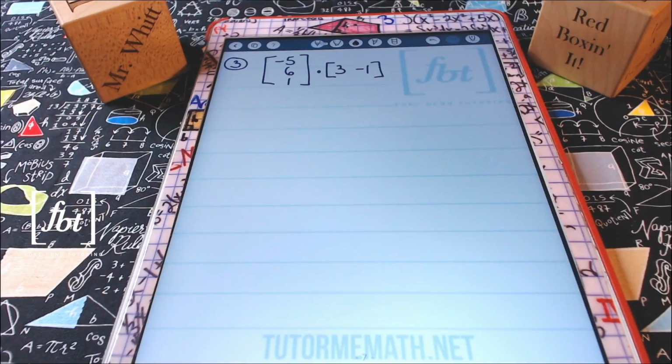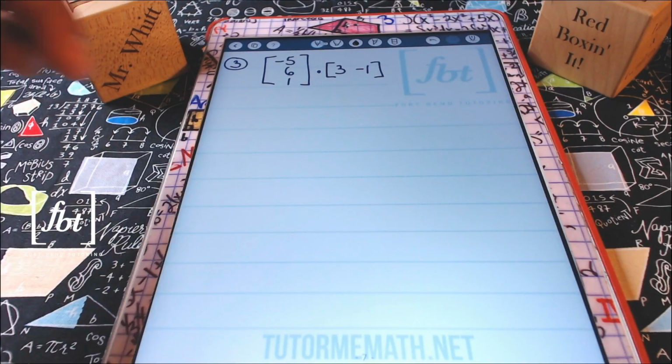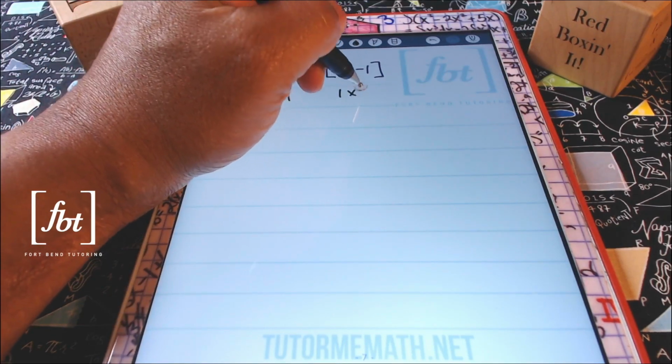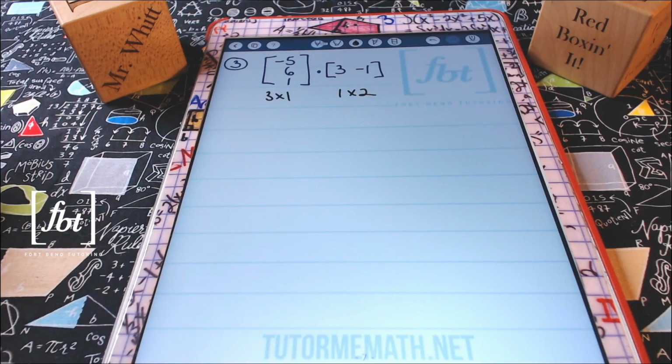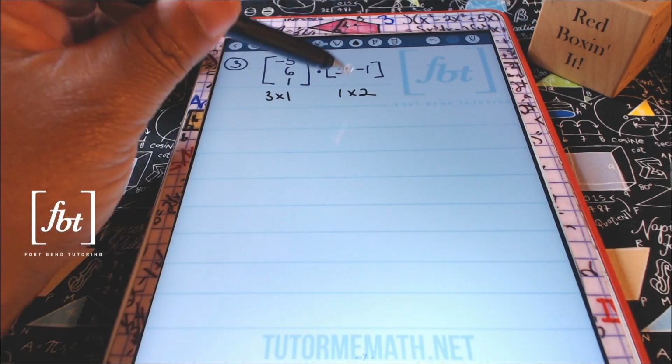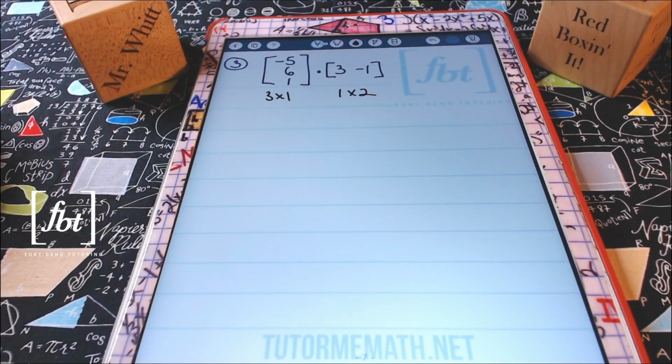Number 3, we have a 3x1 matrix, and we have a 1x2 matrix, guys. So the question is, are these two matrices compatible as far as matrix multiplication is concerned? Remember, in order for them to be compatible, the columns of the first matrix must be identical to the value of the rows in the second matrix.